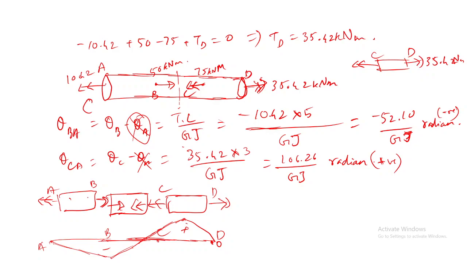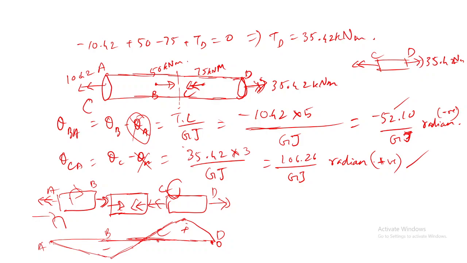Technically speaking, these two torques are in the same direction, right? Yes, sir. But from one end if you are looking it is in one direction, and from the other end if you are looking it is in the other direction. That's the difference. So here we are giving a negative sign and here we are giving a positive sign.